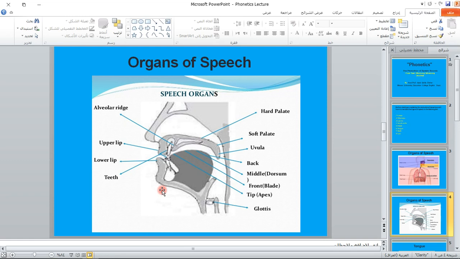For example, the second part of the palate is hard palate, the center of the roof of the mouth, and it is an unmovable organ of speech. The last part of the palate is alveolar ridge. It's an unmovable organ of speech, and it's near the teeth.